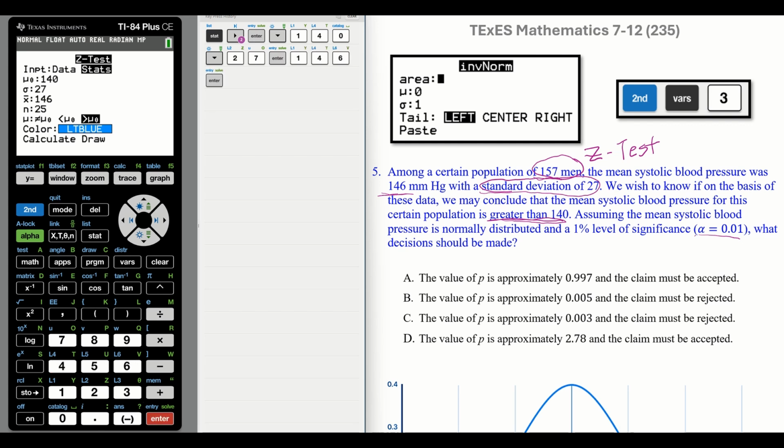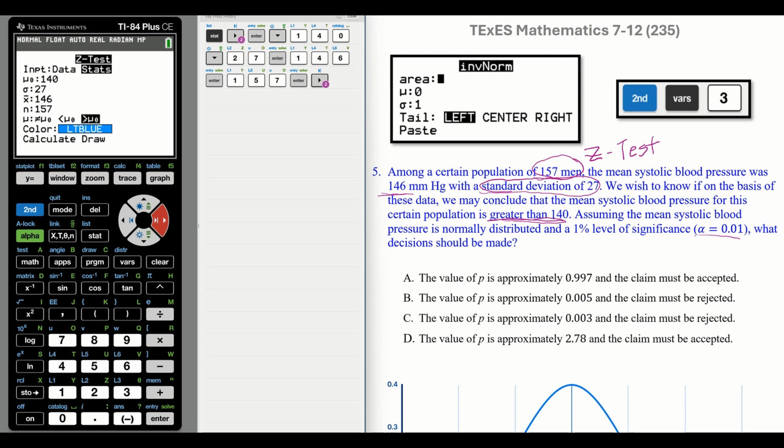And the actual number of people in the study is 157. Now we are going to test whether the mean is greater than 140. So in our calculator, we need to think about this. They're saying that from our study, it's actually greater.